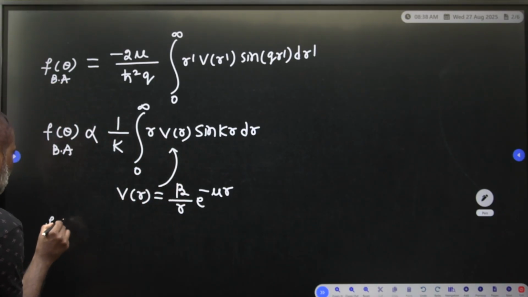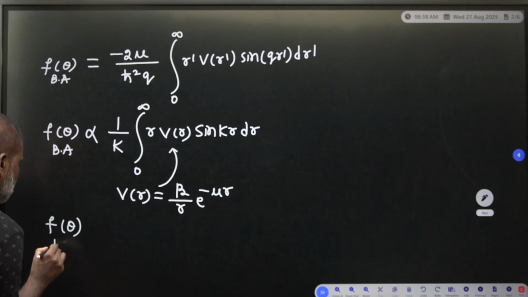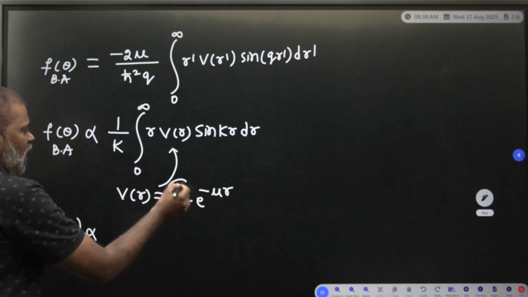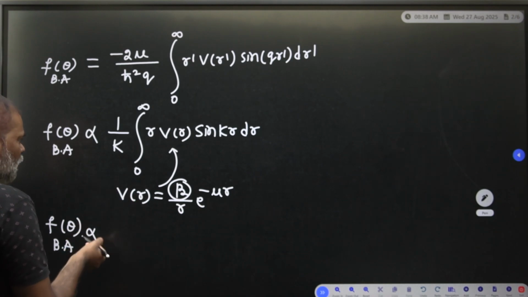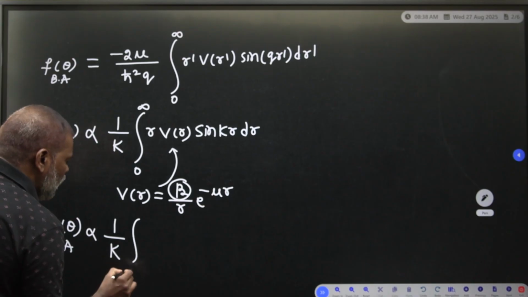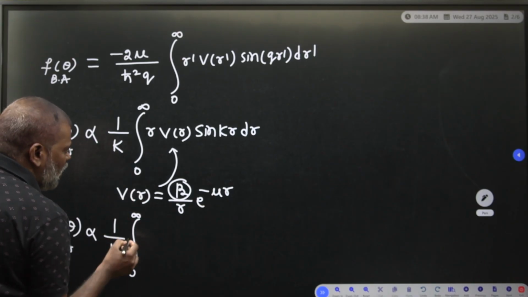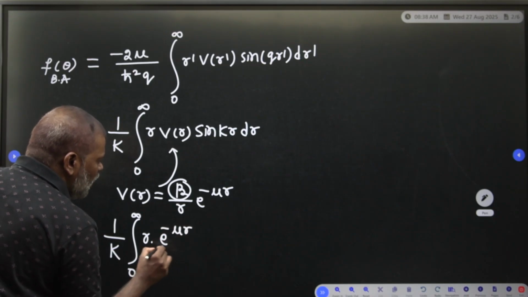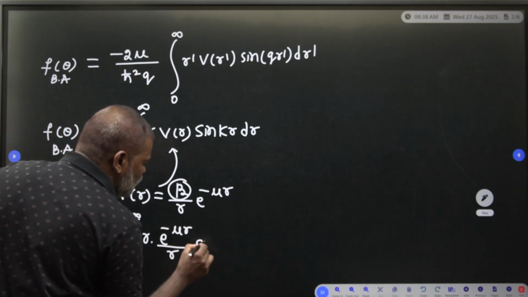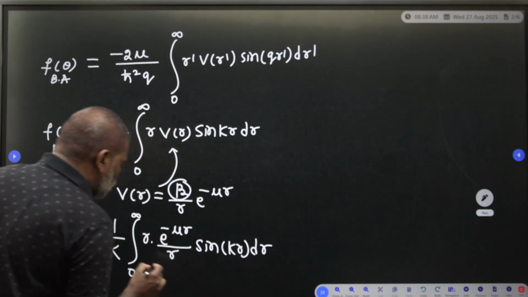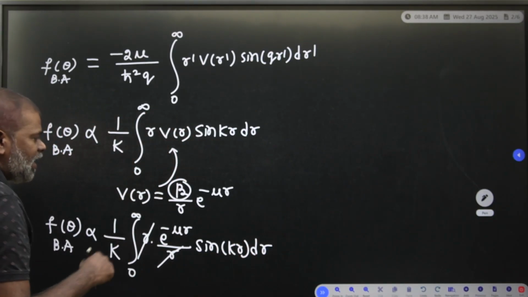So f of theta under the Born approximation is directly proportional to, beta being a constant, 1 by k into the integral from 0 to infinity of r into e to the power of minus mu r divided by r into sin kr into dr. One r gets cancelled.